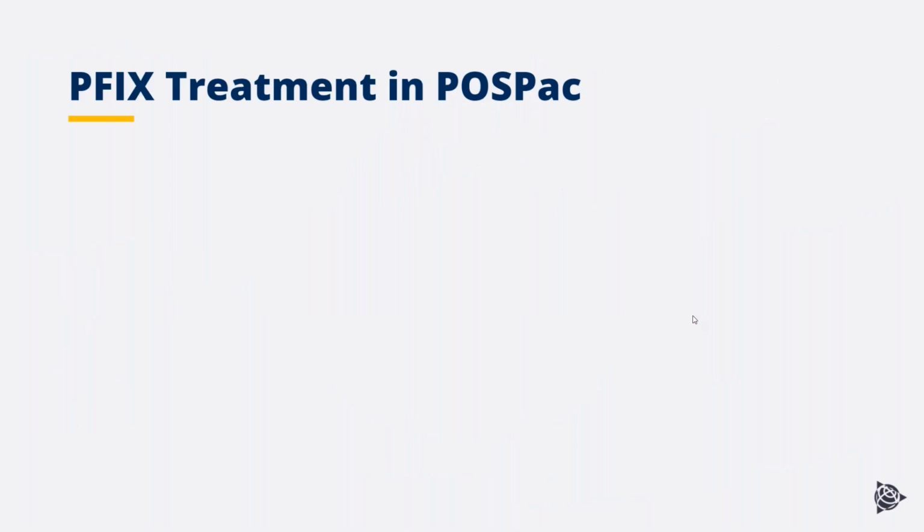A couple words about how we treat position fixes in PostBack. So basically one Pfix, one timestamp where we tell PostBack that the trajectory should go there, is treated with the same weight as one GNSS solution.